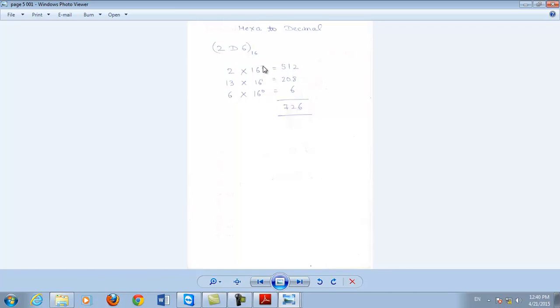You have to multiply by 16. Again 16 raised to power 0, 16 raised to power 1 and 16 raised to power 2. Means the power will be incremented at each step. Now you have to find the calculation, that is 1 into 6, 16 into 13 and 16 raised to power 2 into 2. If it is equivalent to 726 base 10, it means it is the correct conversion.